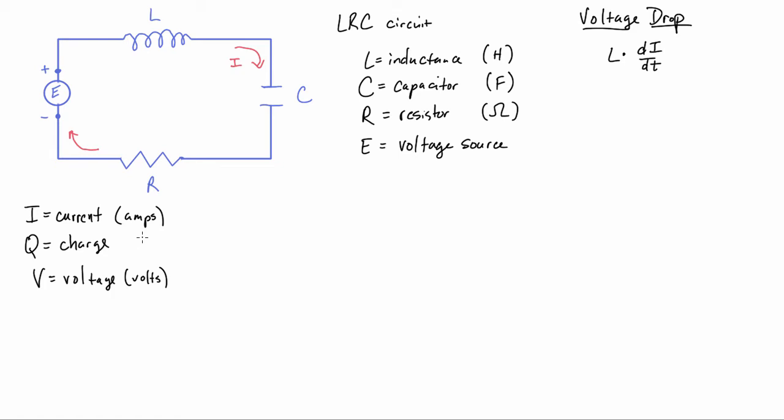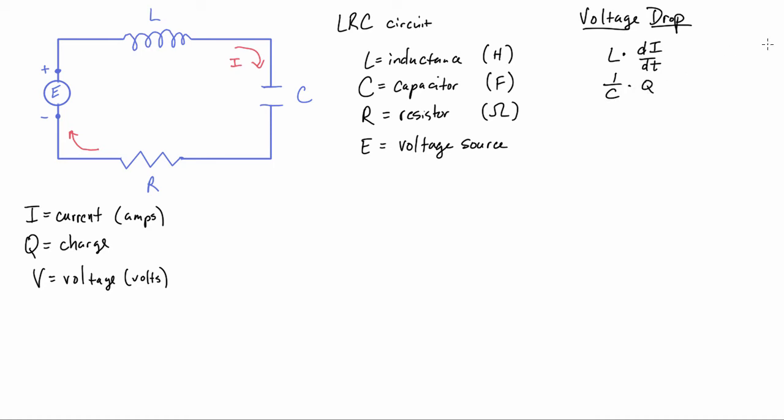The voltage drop across the capacitor comes from something called the capacitance law. The capacitance law states that the voltage drop across the capacitor is inversely proportional to the charge. And so basically what you're going to take is the capacitance, 1 over C, times the charge.